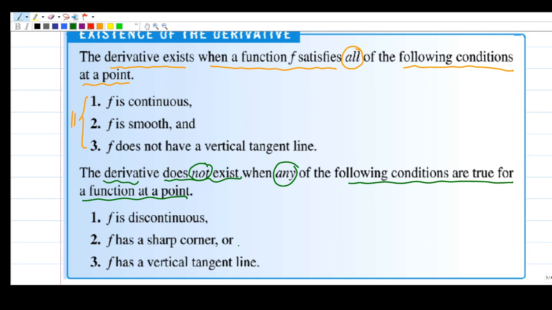So if you look at the third condition over here, in that case, if you take a vertical tangent line, the gradient is tan of 90 degrees, which is undefined.